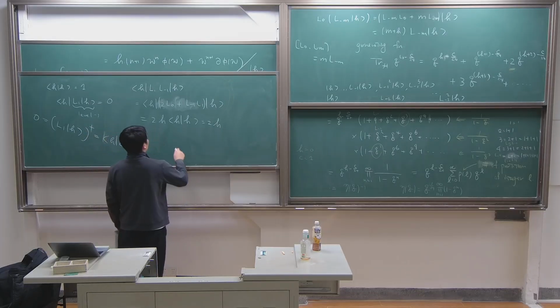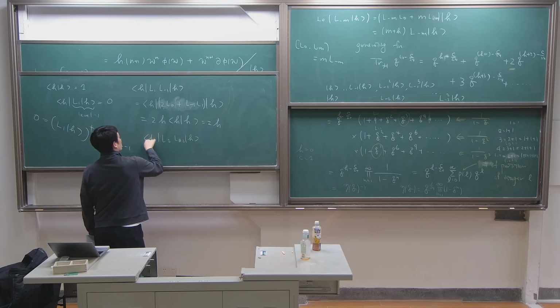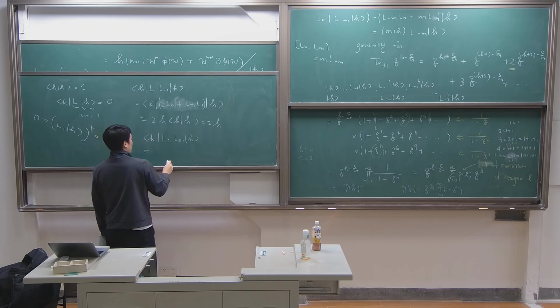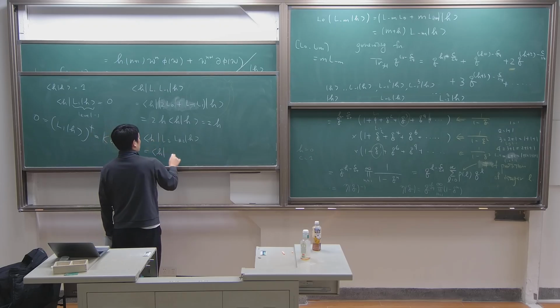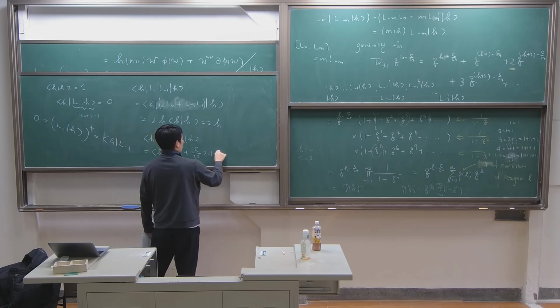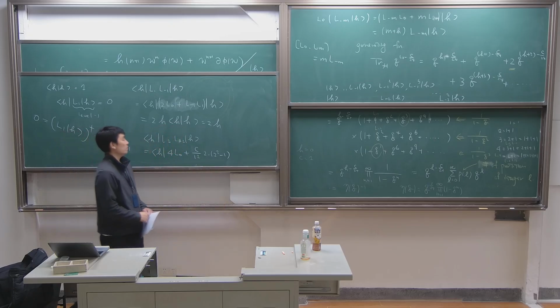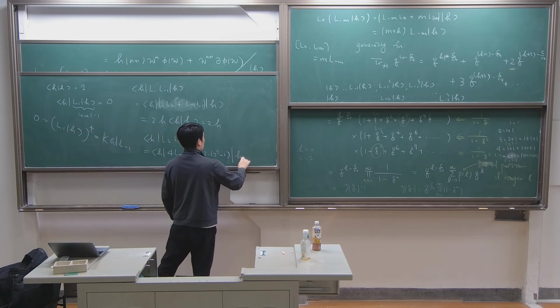How about this? L minus 2 on H, and L2 on H, like this. And what you get is as follows: 4 L0 plus the central term, C over 12 times 2 times 3, over H. So that's what you get.